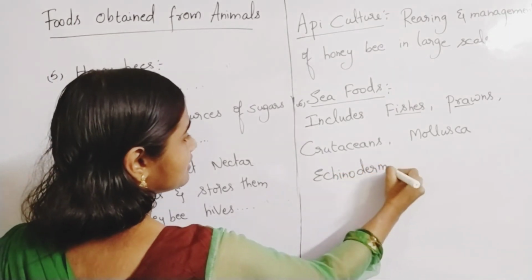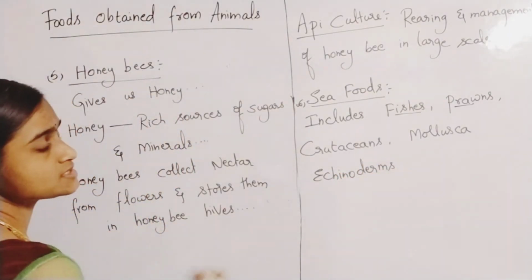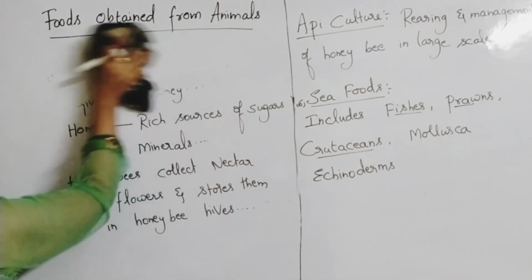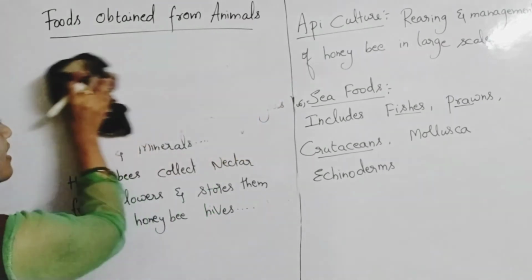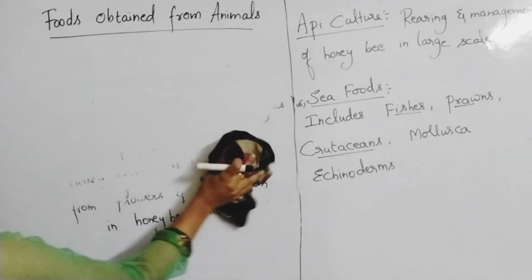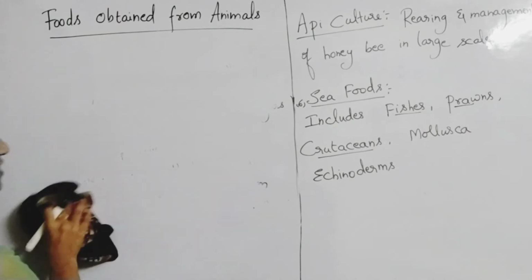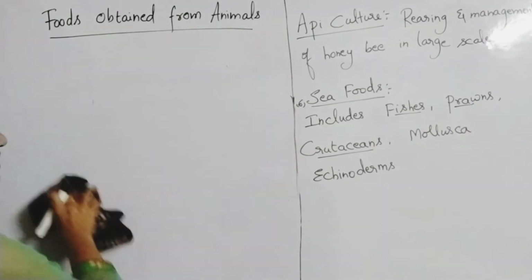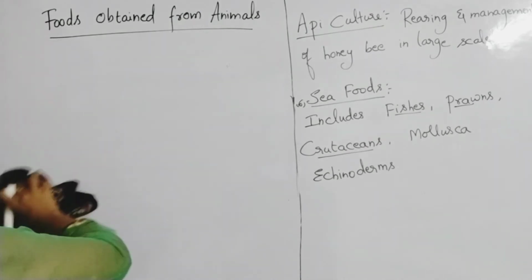These are the different types of seafoods. Crustaceans, mollusca, and echinoderms are different types of sea animals that belong to different phyla.